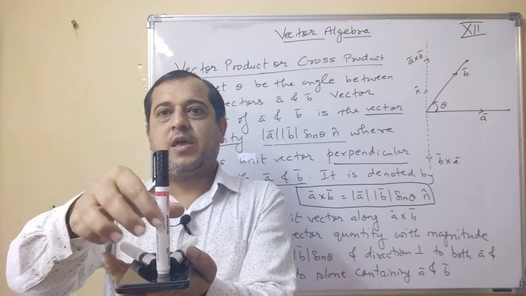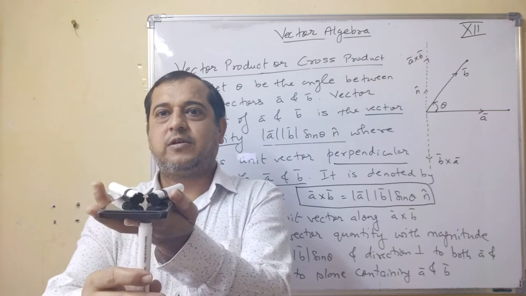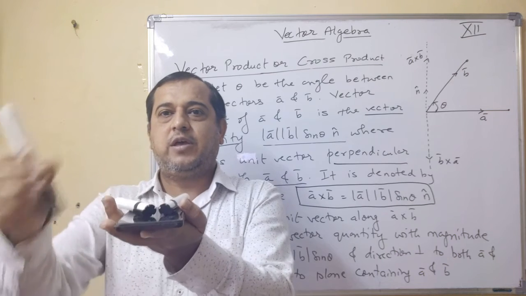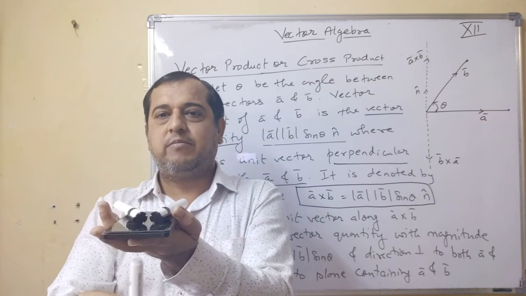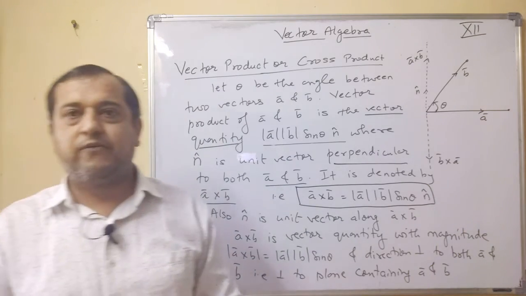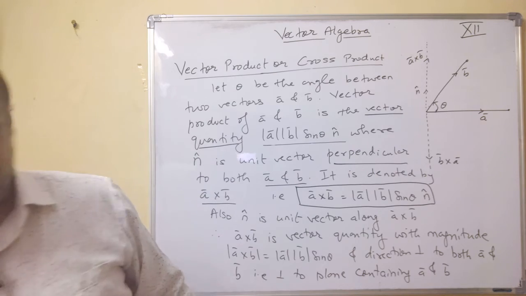As far as B cross A is concerned, it will come from this side. A cross B goes in this way, B cross A comes in this way. This is all about the direction of the vector product.